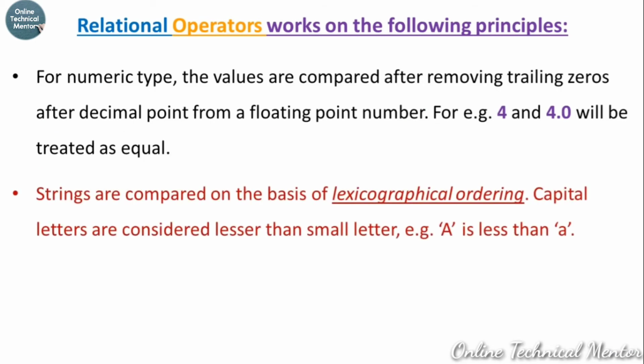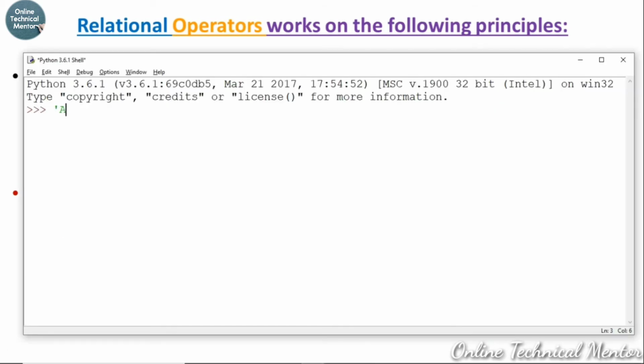Next, strings are compared on the basis of lexicographical ordering. Capital letters are considered lesser than small letters. For example, capital A is less than small letter a. That means the ASCII value of capital letter A is less than the ASCII value of small letter a. Let me show you this example in the Python interpreter. If I write capital A, since it is a character it must be enclosed within single quotes, less than small letter a.